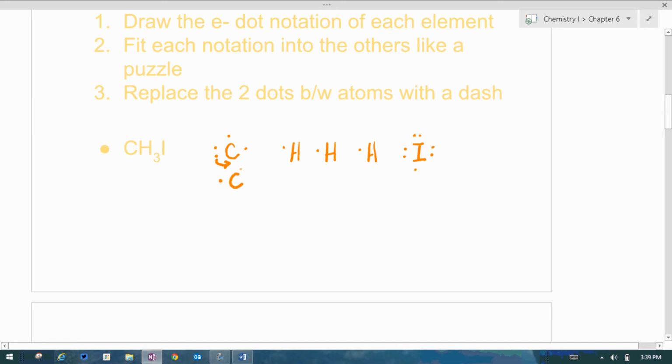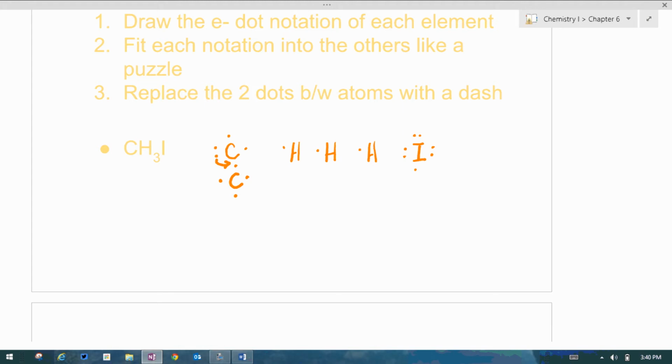So carbon ends up looking like this with a single dot on all 4 sides. Okay, so this happens when you have an element that on one side has 2 dots and on another side has no dots. It'll split itself up, and so it at least has 1 dot on each of the 4 sides.